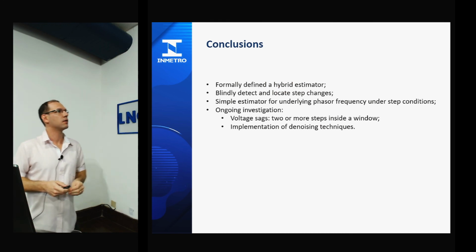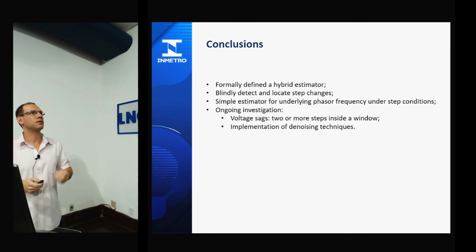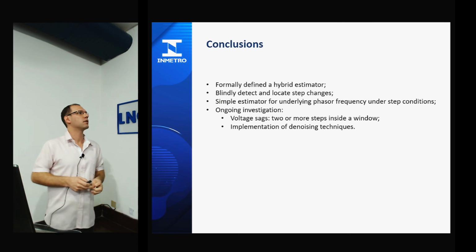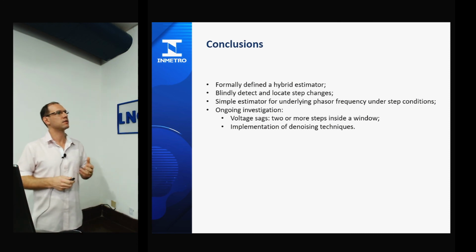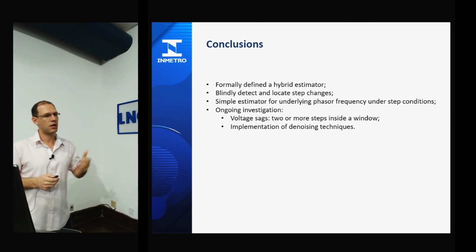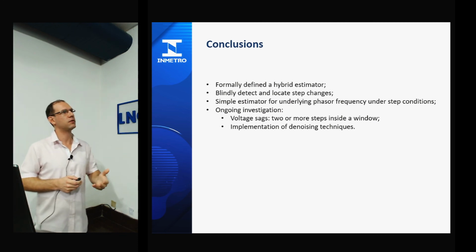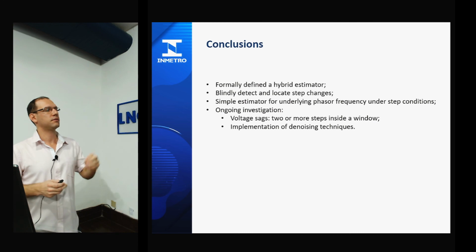So now we formally define the hybrid estimator. It is capable of blindly detecting and locating step changes. So now we can assess PMU calibrators and measure where the step changes are occurring.